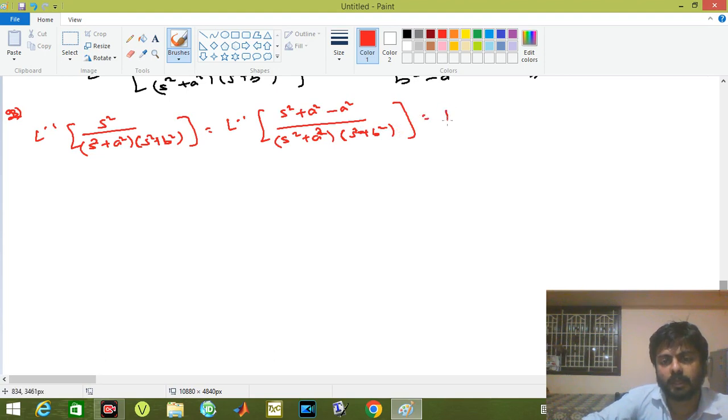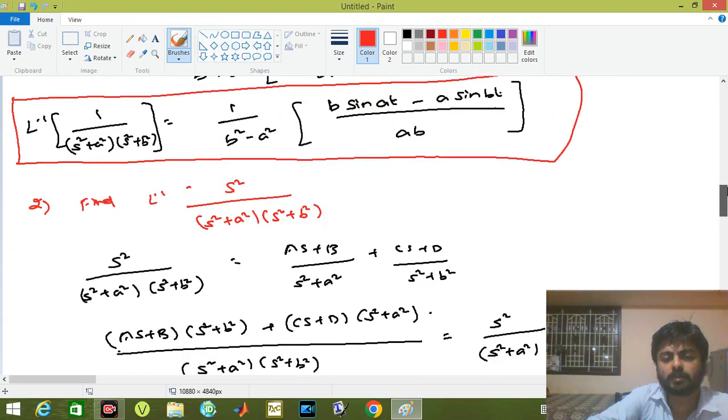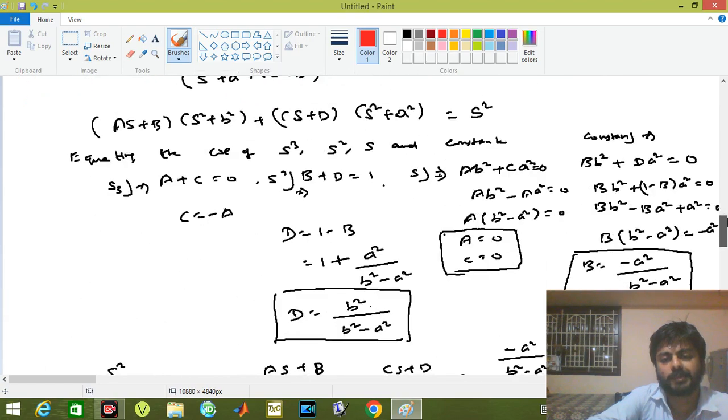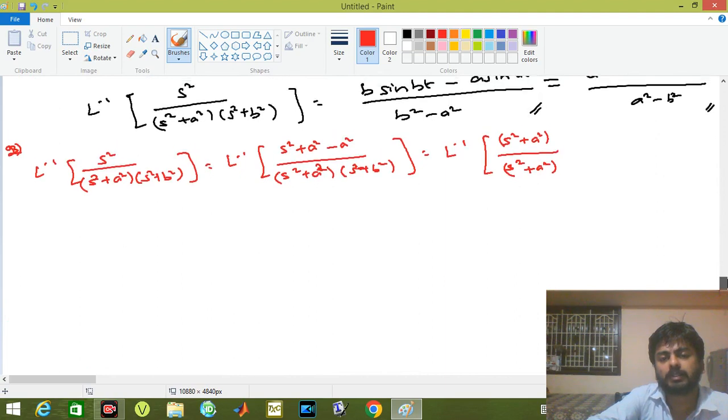Okay, this can be written as L inverse of a square plus a square divided by a square plus a square into a square plus b square, minus a square divided by a square plus a square into a square plus b square.